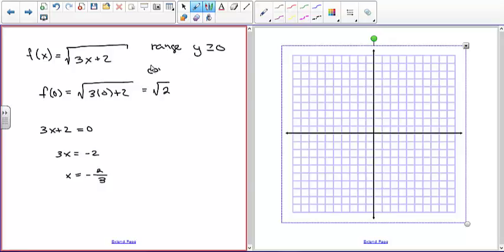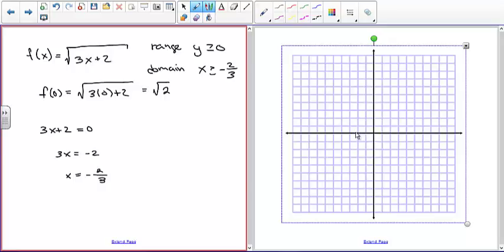And the domain is going to be limited by this argument. So x has got to be greater than or equal to negative 2/3, so that when you have x equals negative 2/3, this argument goes to 0.